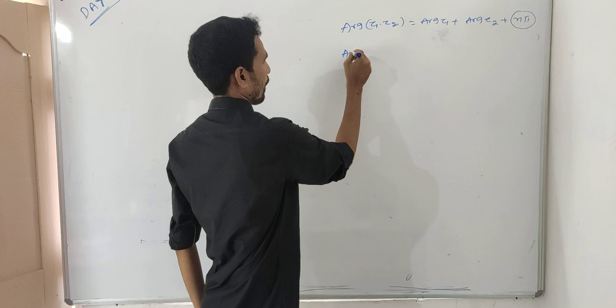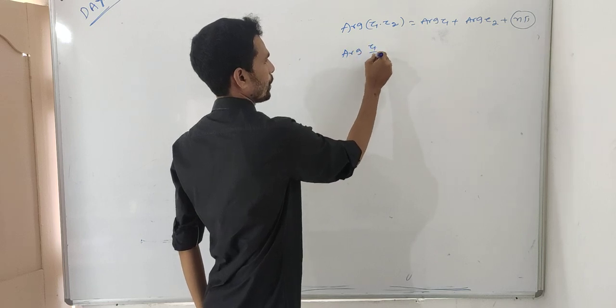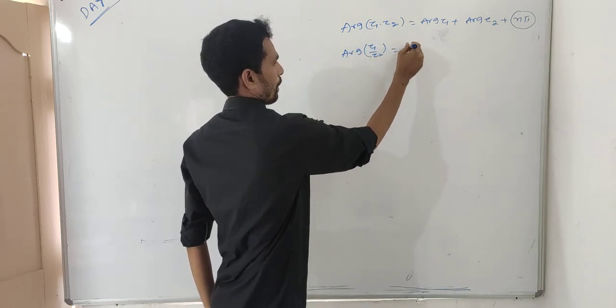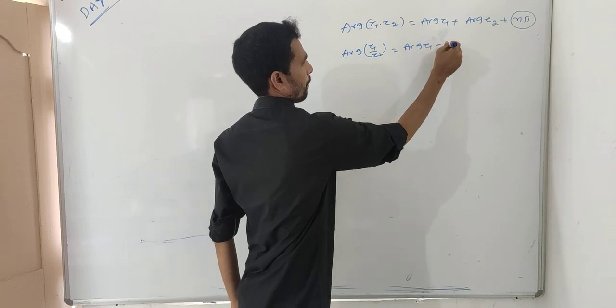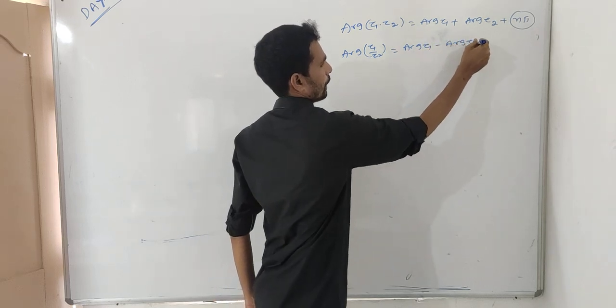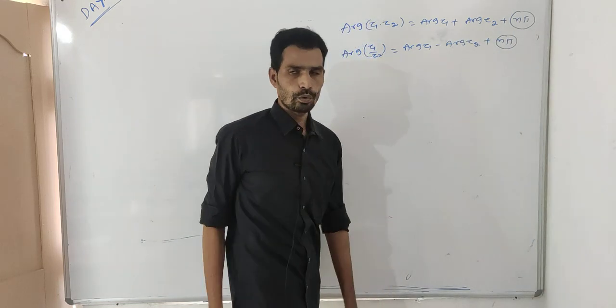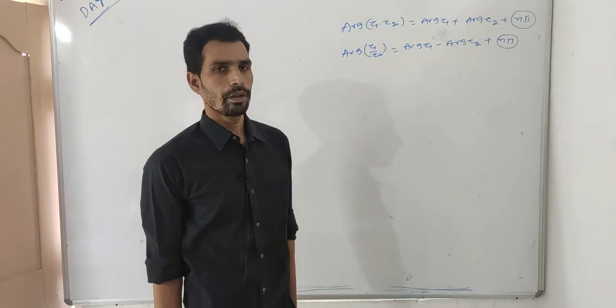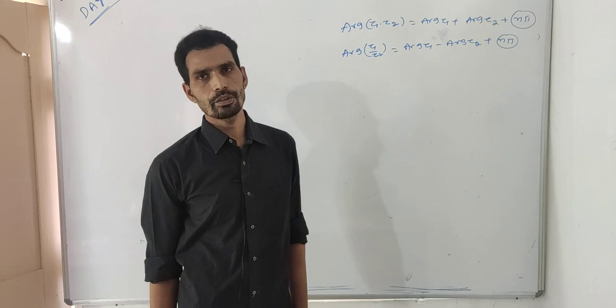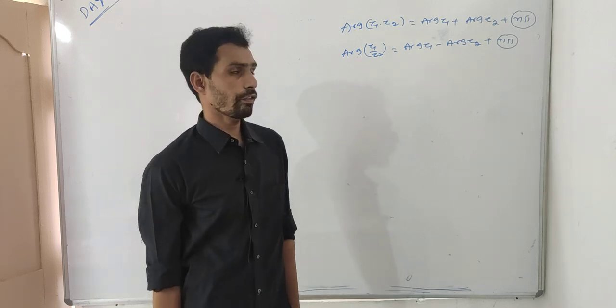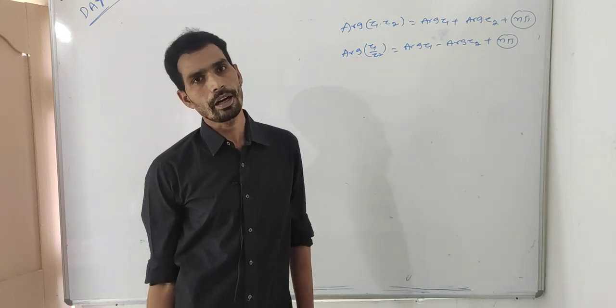Next, arg z1 by z2 is equal to arg z1 minus arg z2 plus n pi. So what is the formula for arg z1 into z2? Arg z1 plus arg z2. What is the formula for arg z1 by z2? Arg z1 minus arg z2.